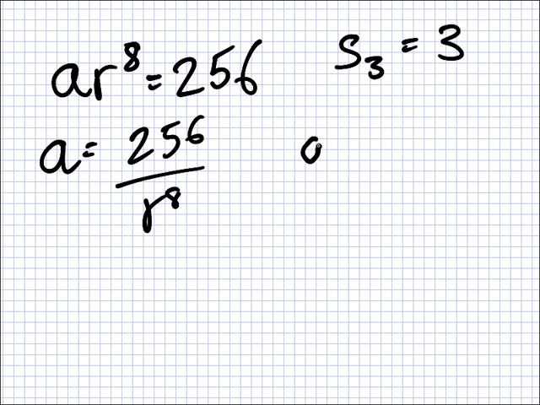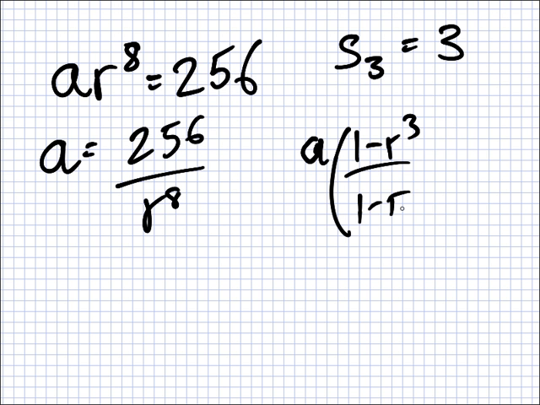And then you can use the formula now because now we're more than just 2. But you have a choice. You can either say a plus ar plus ar squared if you want to, or you could use the formula a times 1 minus r cubed over 1 minus r.